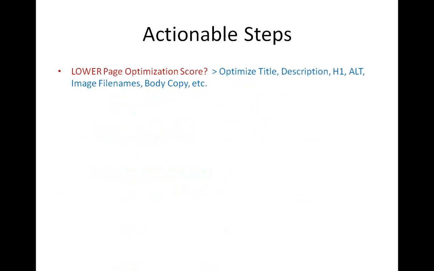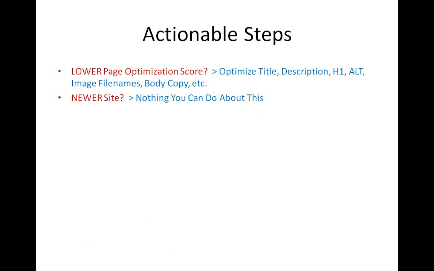If you have a lower page optimization score, just do whatever the IBP tells you to do. They'll tell you to optimize your title, meta description, H1, to put your keyword more in the body copy, to use it for alt attributes in images. Whatever they tell you to do, just do that.